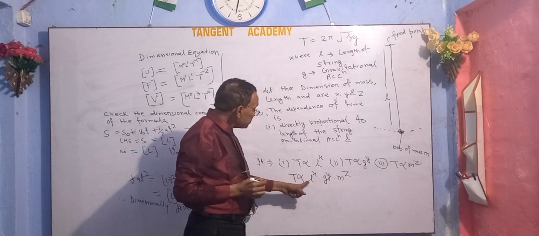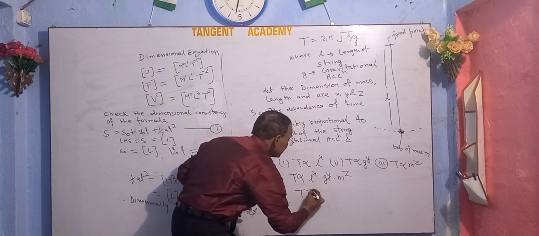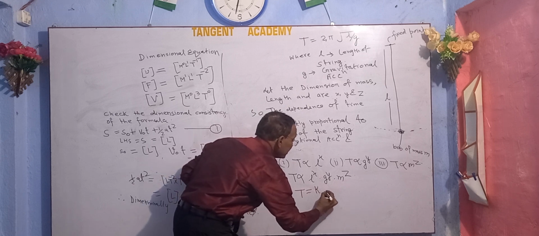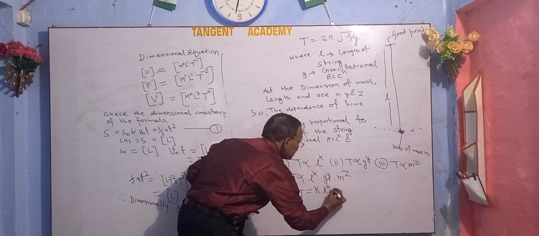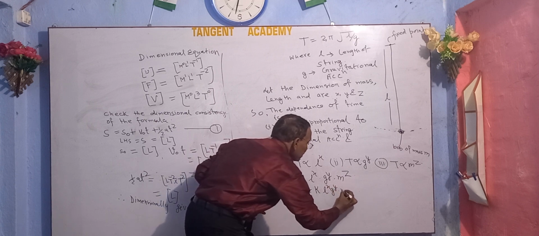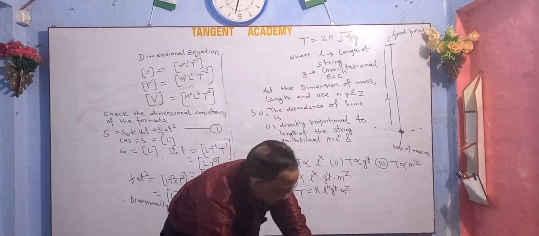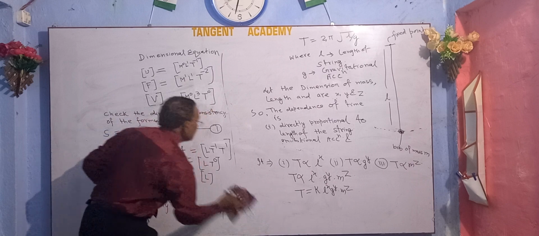By removing the proportionality sign, we get T is equal to k times L^x g^y m^z. Let us continue.